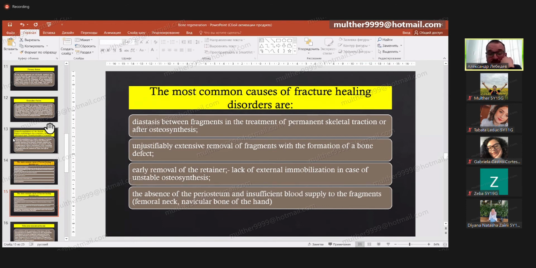And you can see here early removal of the fixation. Sometimes an unstable osteosynthesis. Sometimes when we finish treatment of our patient, post-operative treatment, we tell him that he must continue his treatment in ambulatory conditions. And we prescribe him a mid-period of immobilization. Why?